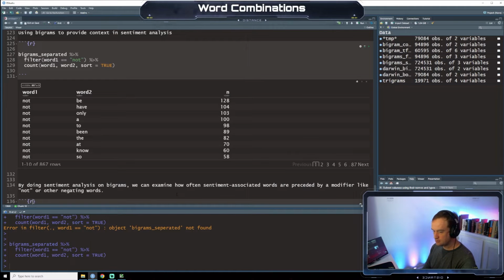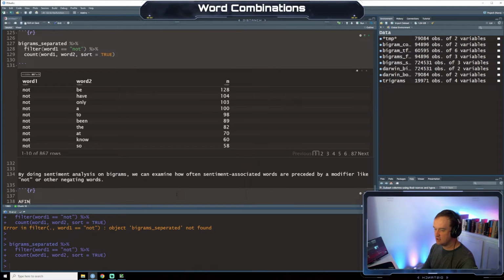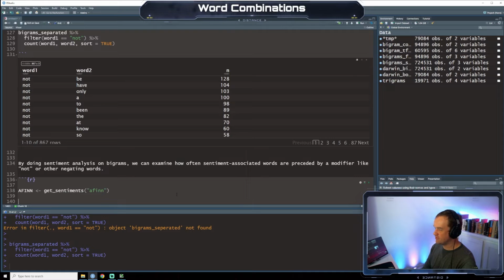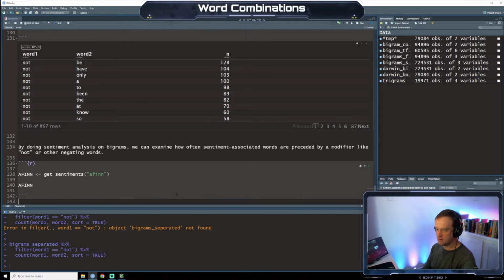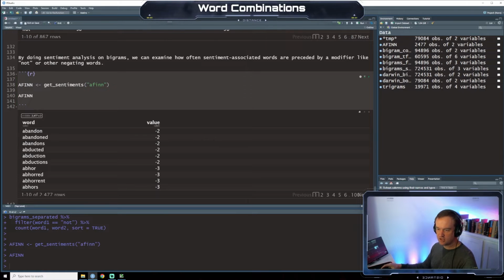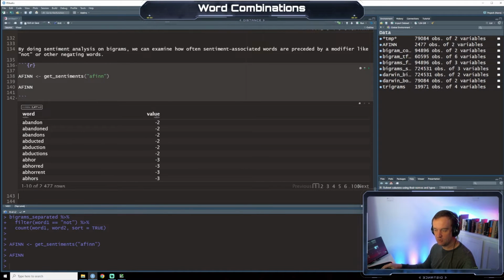So we use the AFINN dictionary for this. Oh, what happened there? Accidentally hit tab or something. Alright. Okay, so we pulled up our dictionary or lexicon where we have the -5 to +5 scores for positive or negative sentiment.